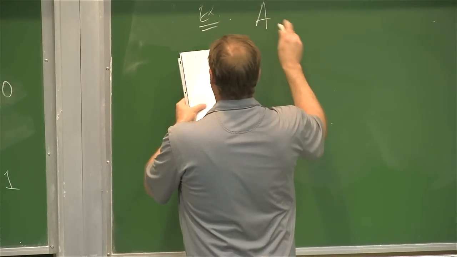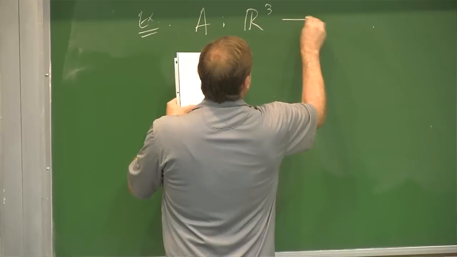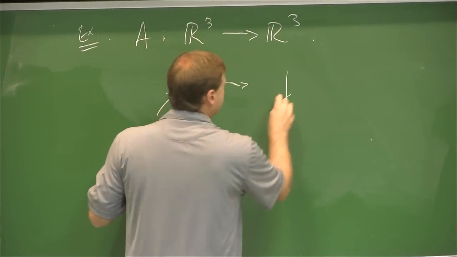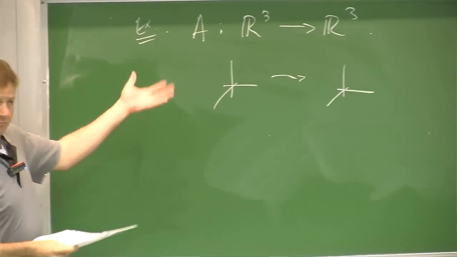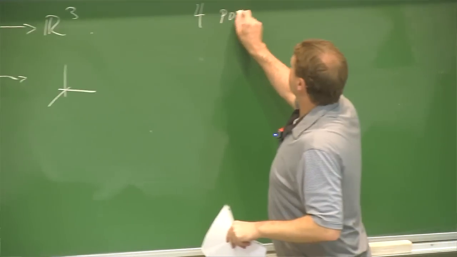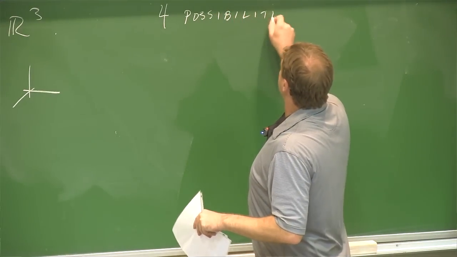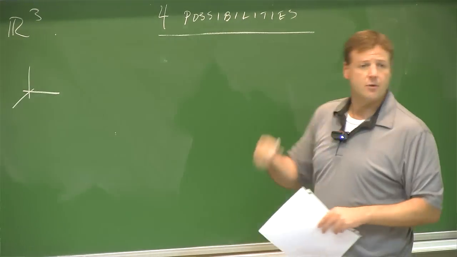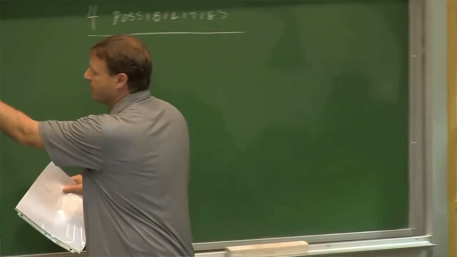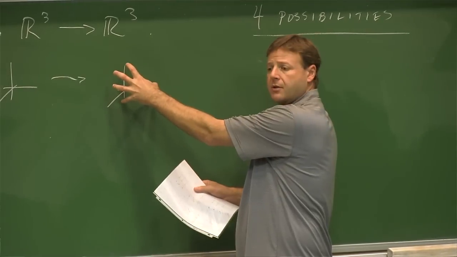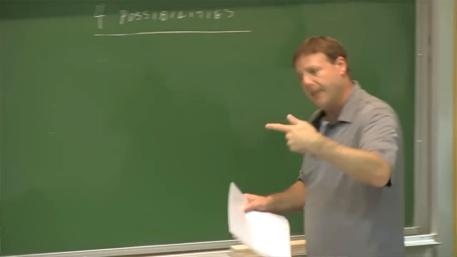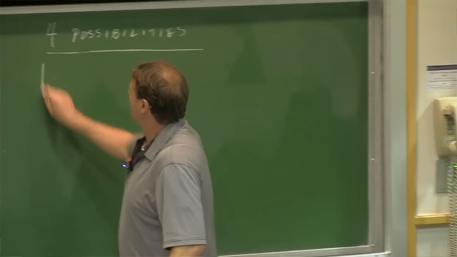So if I have A from R3 to R3, then what we're talking about here is 3 dimensions going to 3 dimensions. So I've got an extra possibility here. So here I have 4 possibilities. Could have rank 0, rank 1, rank 2, and now rank 3, because the potential for the image is 3-dimensional. So the biggest rank you could have is 3, and so now I have to have 0, 1, 2, and 3 as my possibilities.